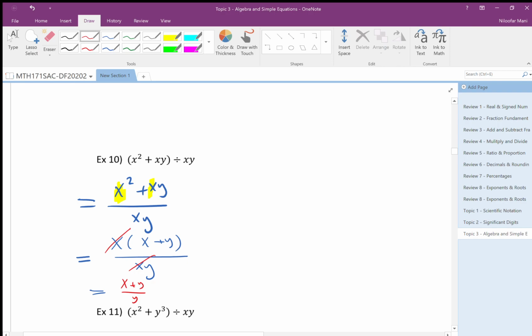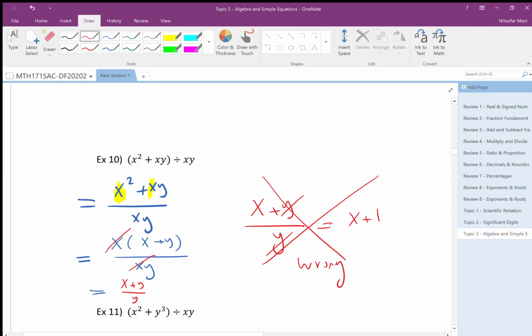Okay, and I want to emphasize this here. X plus y over y. Don't cancel y and y. Many times I see this. No, no, no, no, no. The only time you can cancel is when you have multiplication between them.